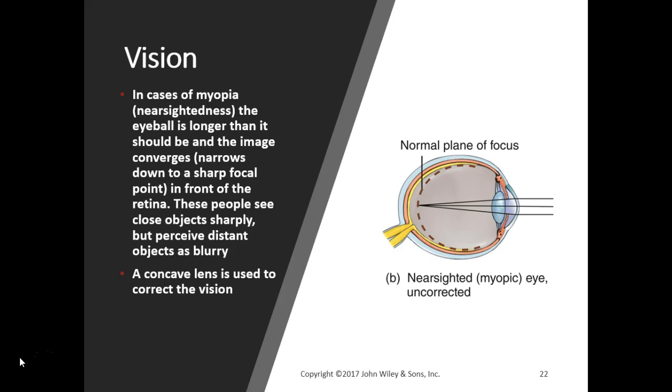People with myopia can see close images very clearly, but things that are far off or distant, not so much so. Things that are far are going to be much blurrier. This can be corrected using a concave lens that changes the way the light is focused before it hits the retina.